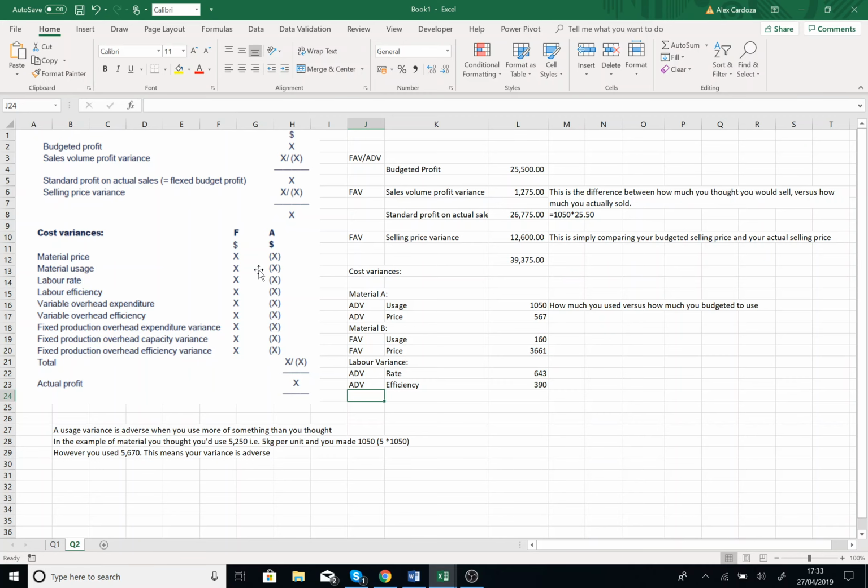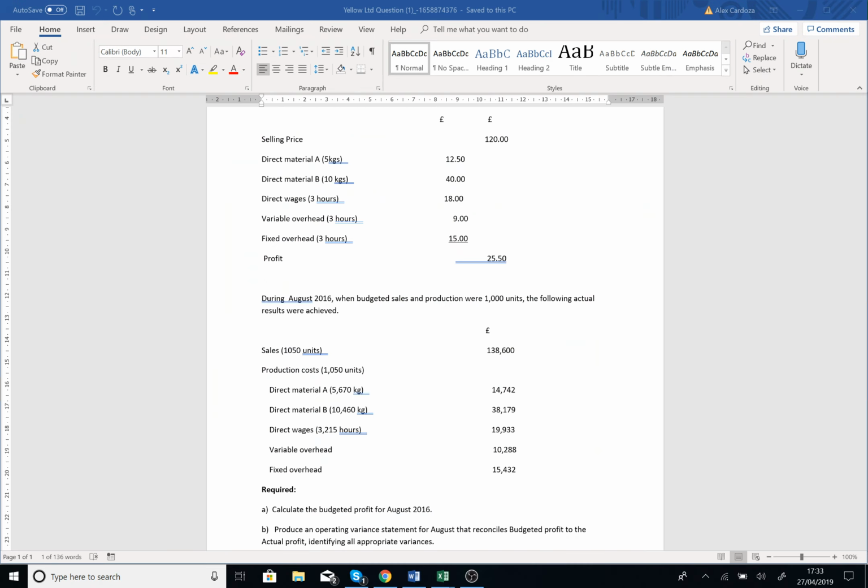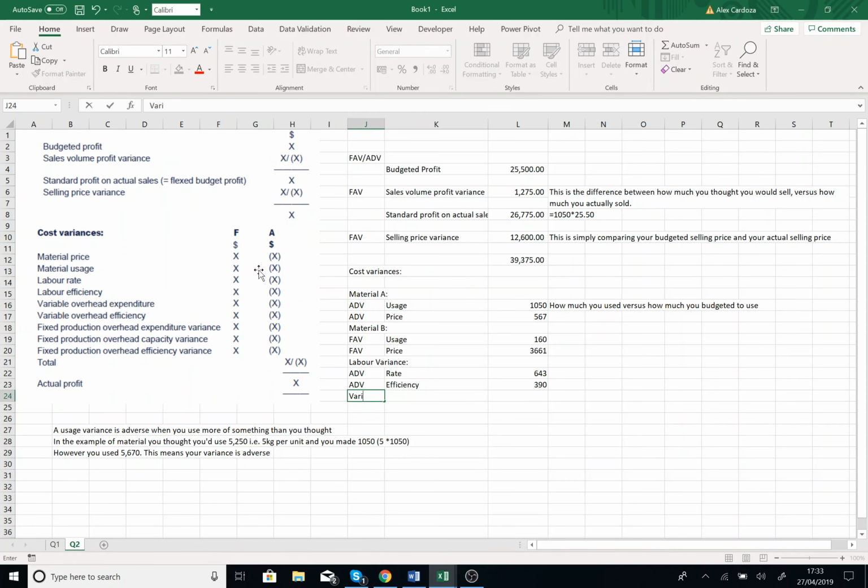So we are going to do the variable overhead variance, which is rate and efficiency, or you can call it expenditure. Let's call it expenditure and efficiency.